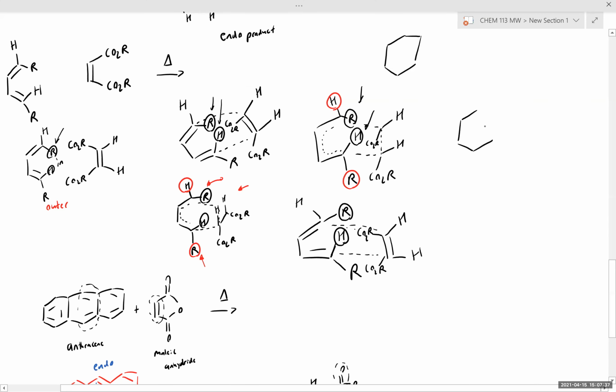And that's why, as we note, the R group is pointing up on the top and down on the bottom. Does that make sense to everyone? How the alkene geometry translates into our product stereochemistry?